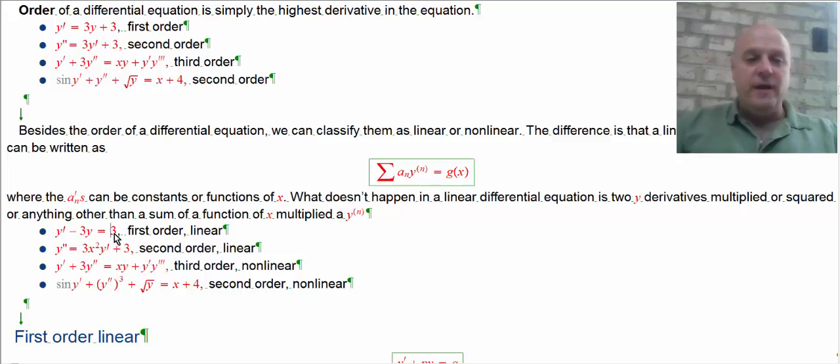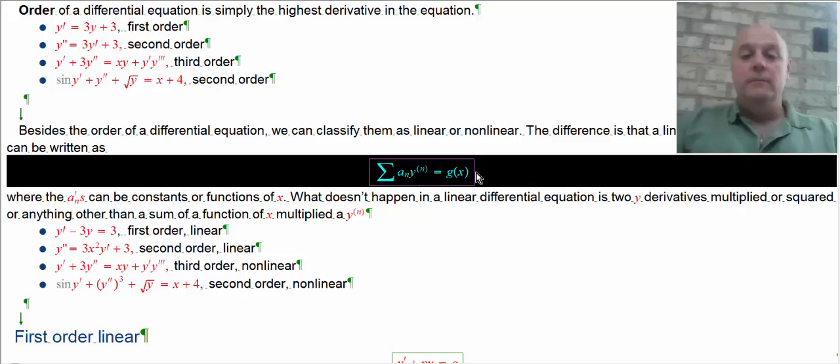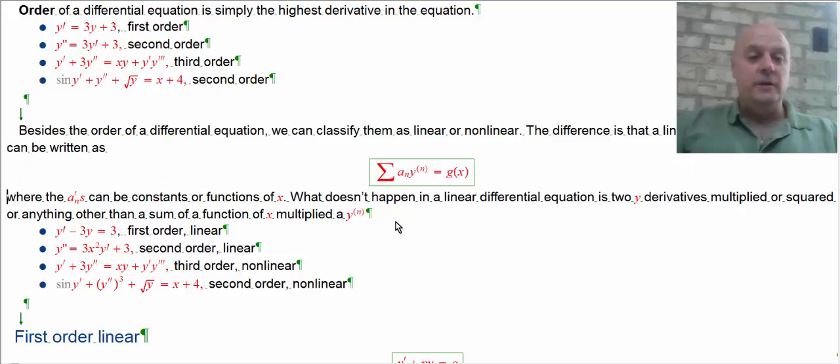So that 3 is in the g of x spot. A sub 1, the thing multiplied by the first derivative, is a 1, and a sub 0, the thing multiplied by the plain y, is minus 3. So we just put it into this form to show it's linear.